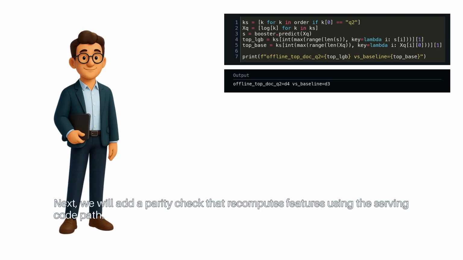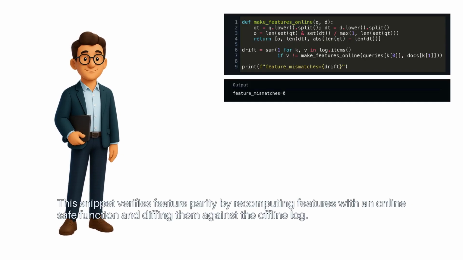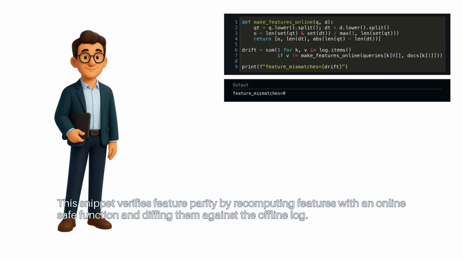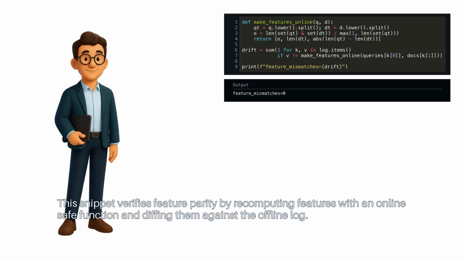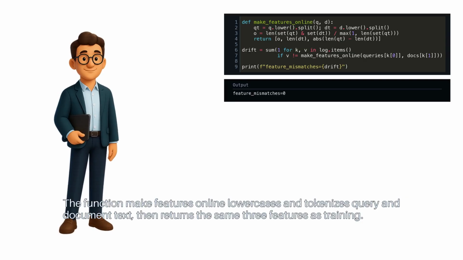Next, we will add a parity check that recomputes features using the serving code path. This snippet verifies feature parity by recomputing features with an online function and diffing them against the offline log. The function makeFeaturesOnline lowercases and tokenizes query and document text, then returns the same 3 features as training.